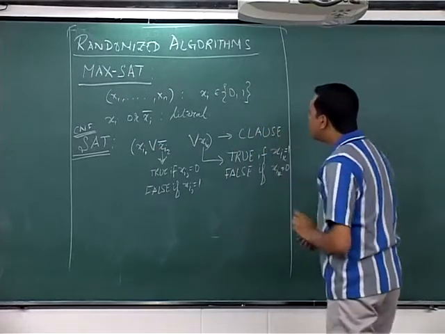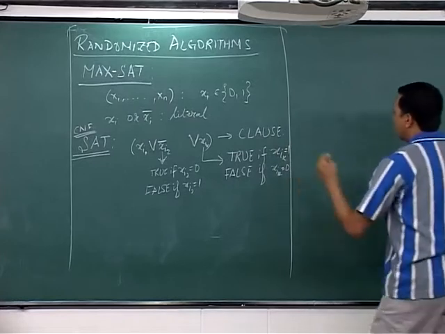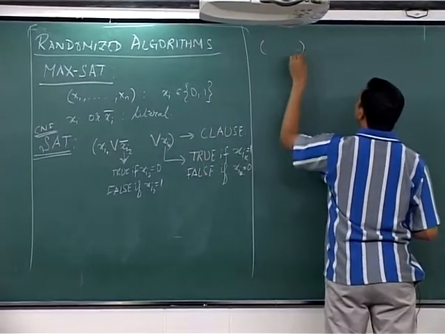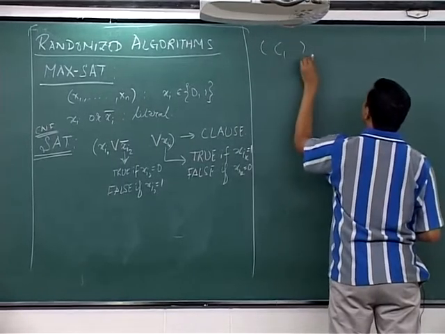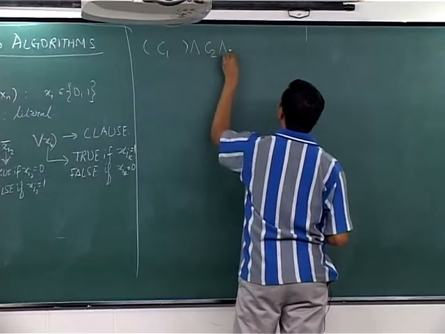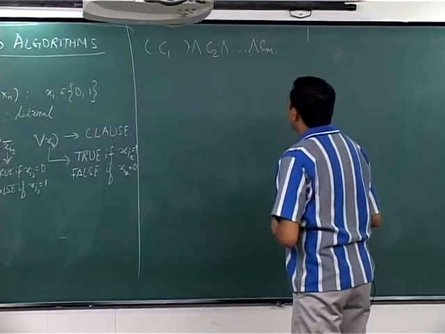And in conjunctive normal form, what you will have is a conjunction of clauses. So you will have some clause C1 and C2, up to Cm.